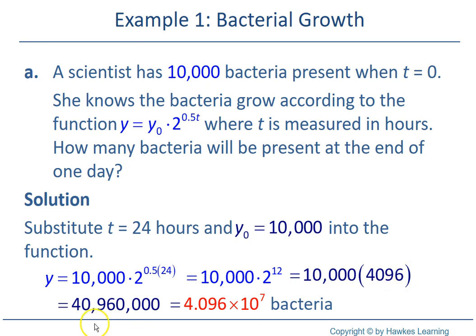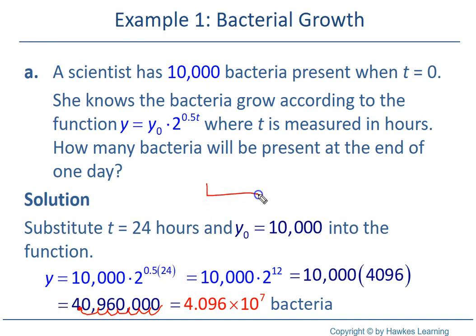Now, putting this in scientific notation, you're going to move your decimal point. Let's just review that. From here, I'm going to make this a number between 1 and 10. So 1, 2, 3, 4, 5, 6, 7.